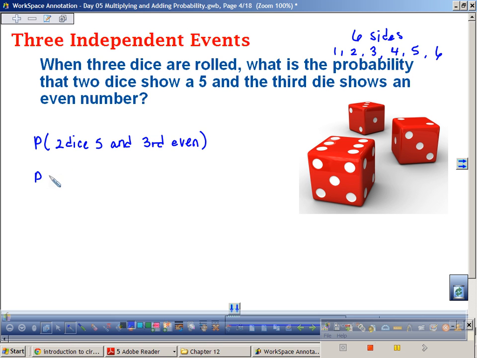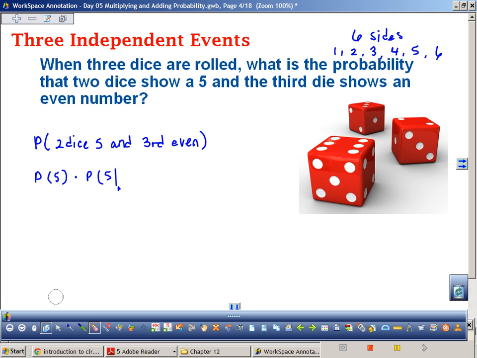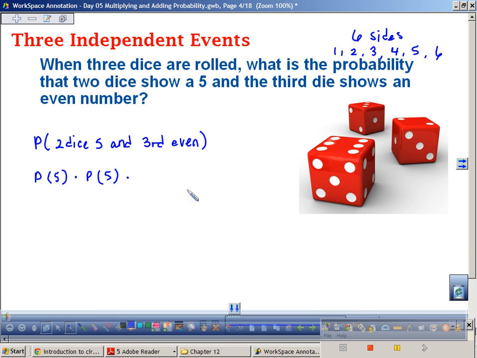So the probability of a 5 times the probability of a 5, because I've got one die as a 5, another die as a 5, and the third die is even. Well, how many even ones do we have? 1, 2, 3.